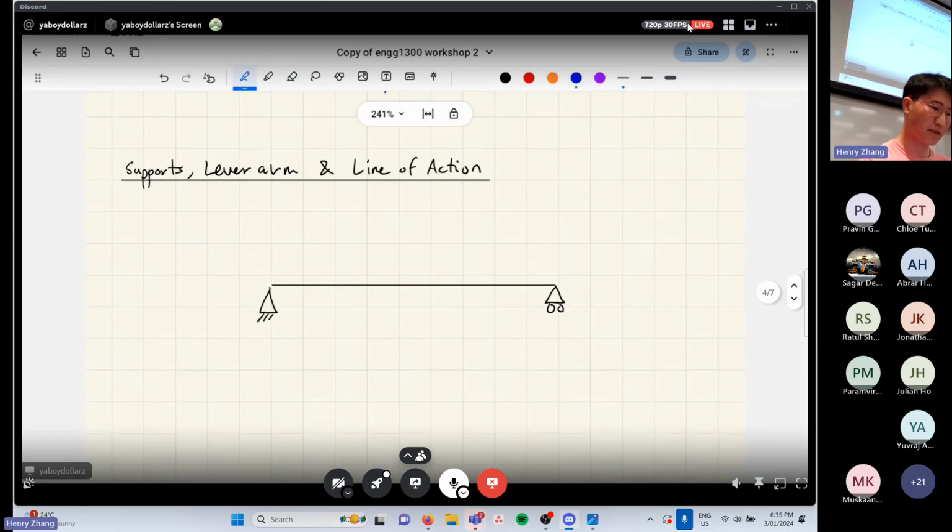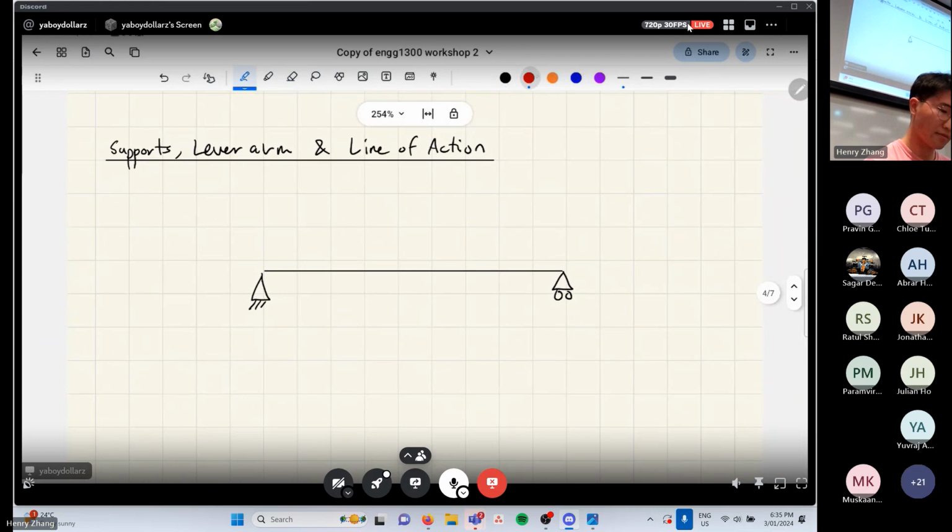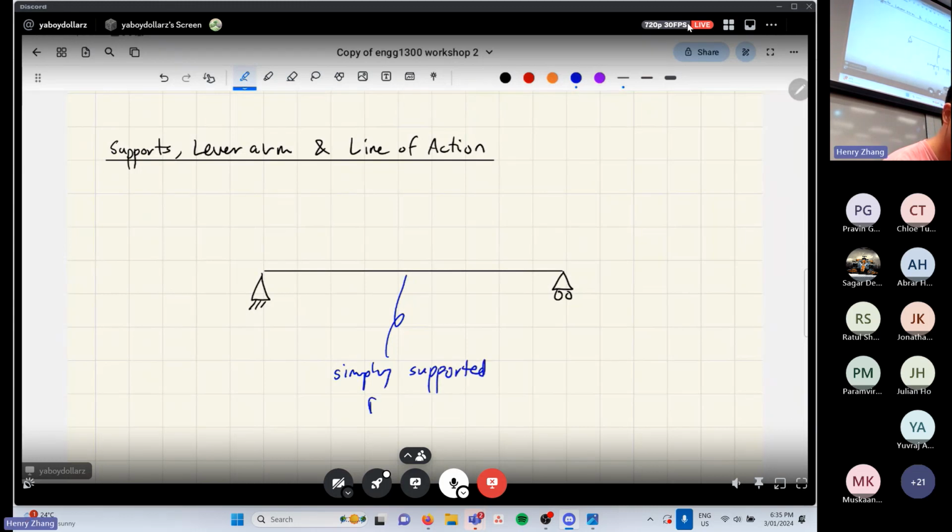Yeah. Okay. So here I've laid out a beam. Call it A, a simply supported beam, sometimes abbreviated as SSB.